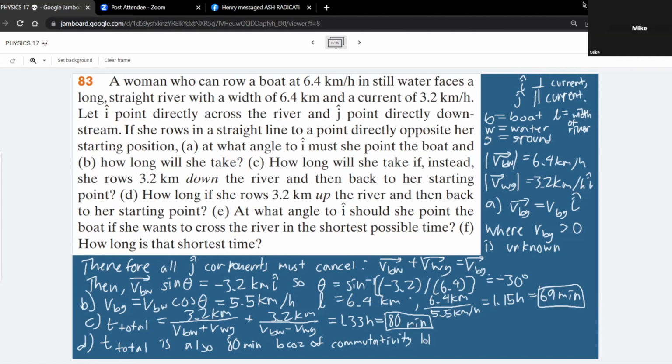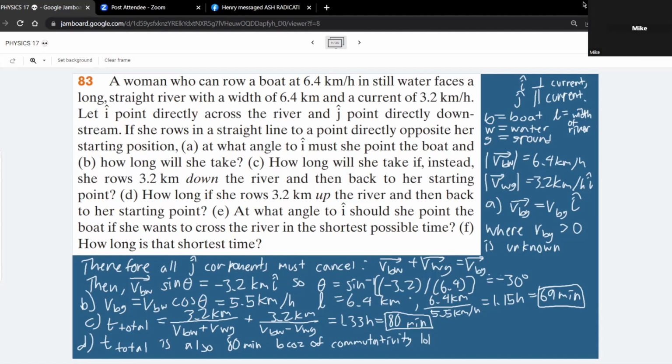We only know the velocity of the boat with respect to the ground is some speed, and it has no J component, so its dot product with J is 0.